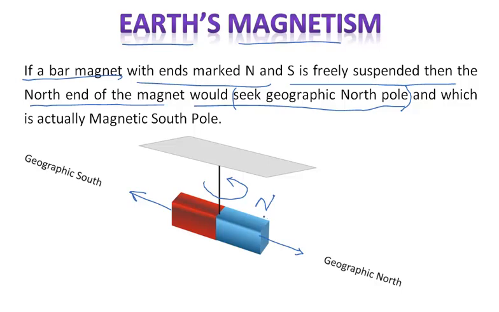So when suspended, it will orient itself in the geographic north direction. Now we also know that north and south poles get attracted towards each other. That means the geographic north is actually the magnetic south pole.